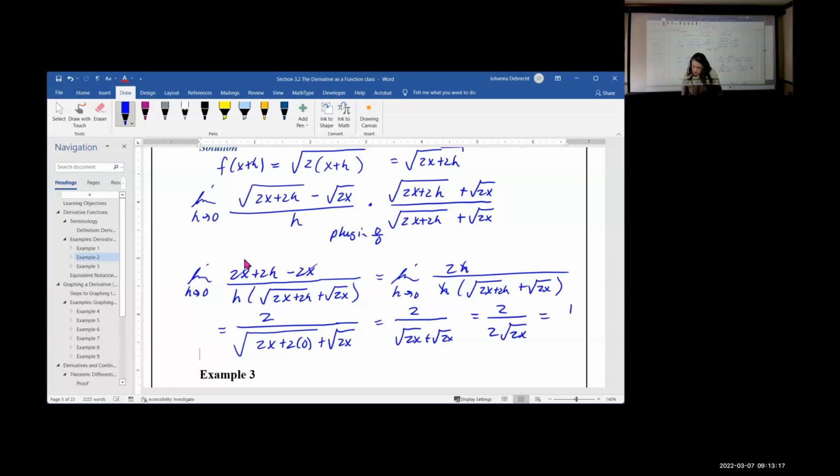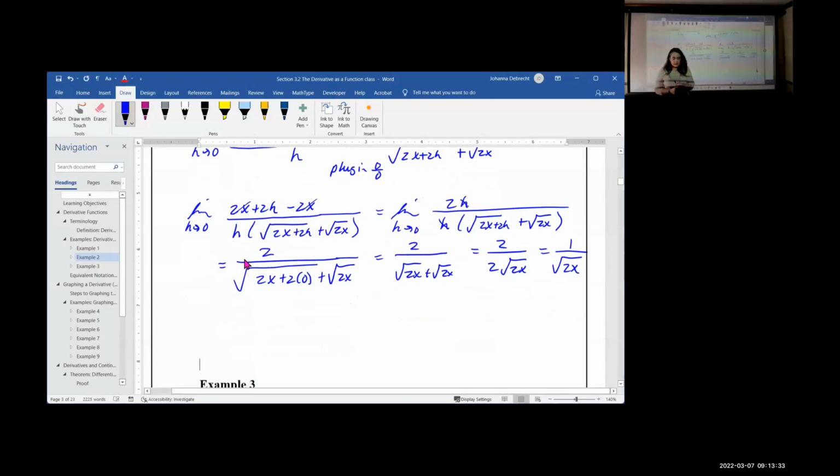The 2's cancel, and I get 1 over the square root of 2x.